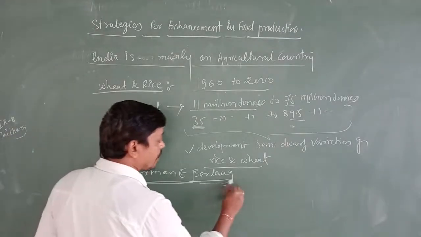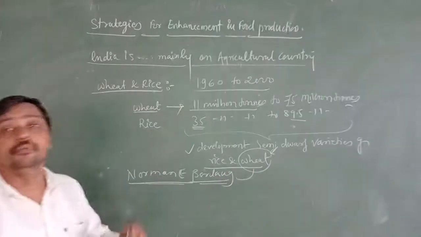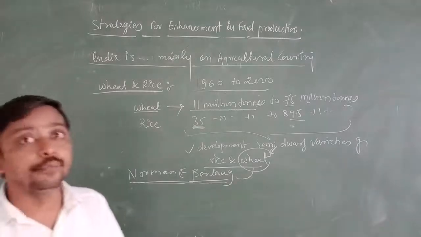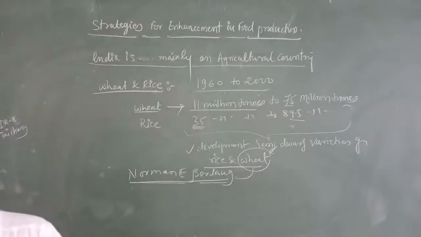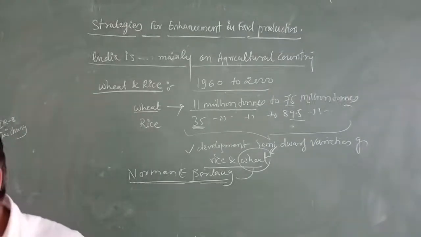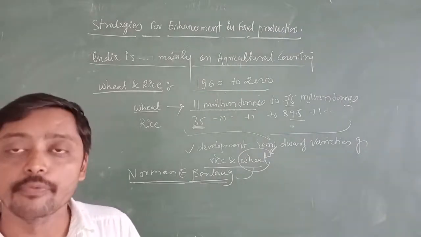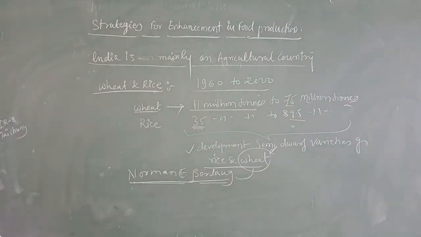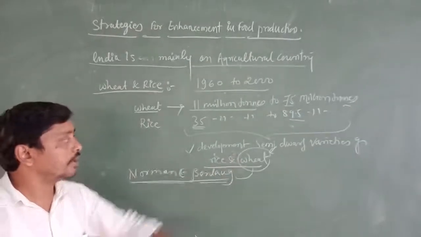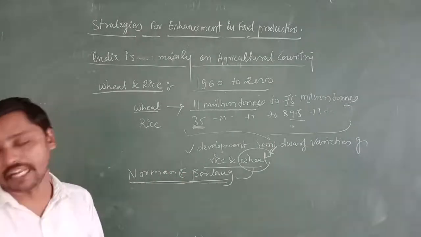There, Norman E. Borlaug developed semi-dwarf varieties of wheat, and for this he got the Nobel Prize.